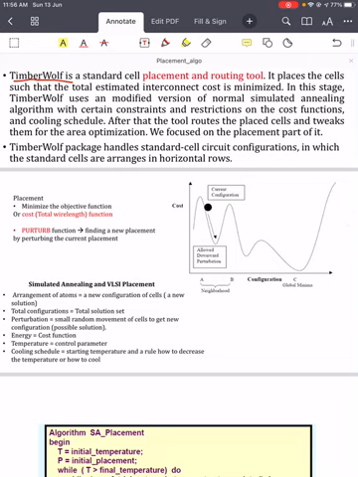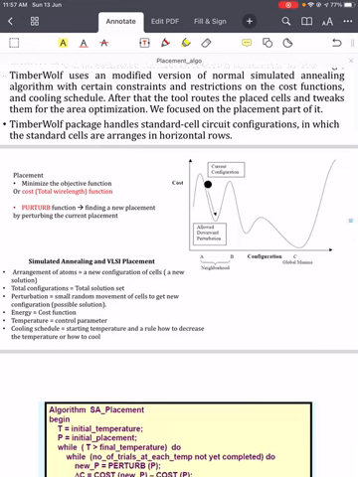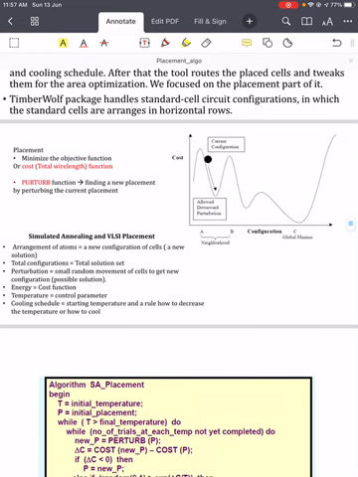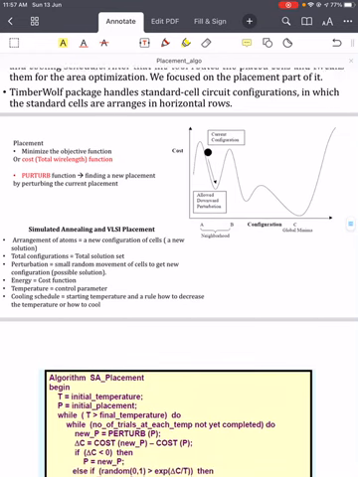What we're trying to look at now is how simulated annealing can be used to solve the placement problem. The placement problem is a combinatorial optimization problem where our objective is to minimize the total wire length.